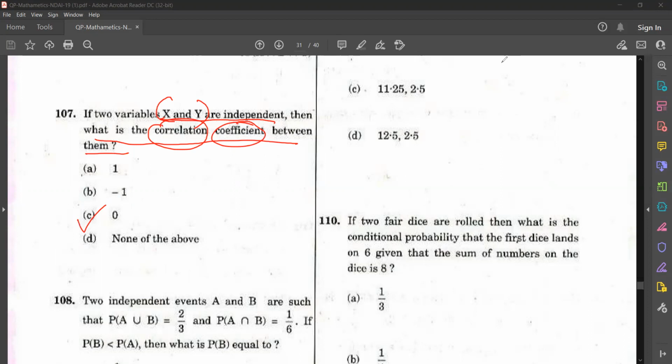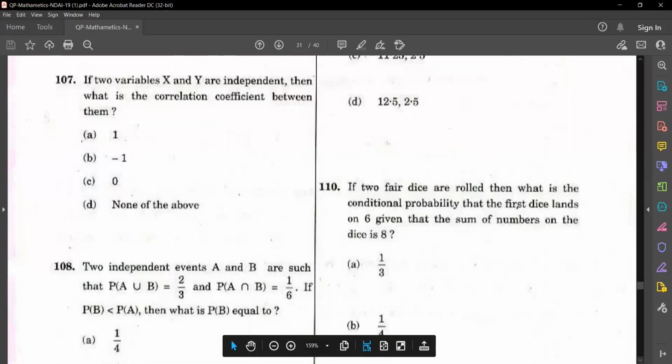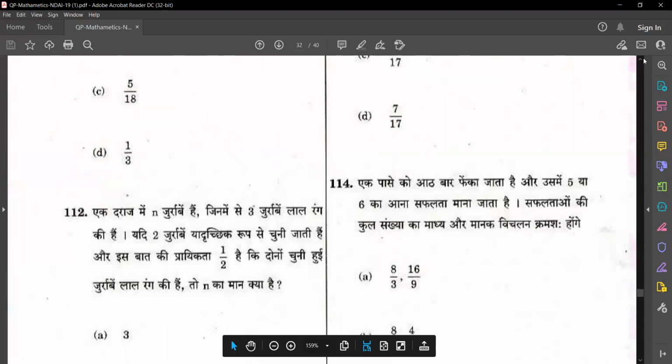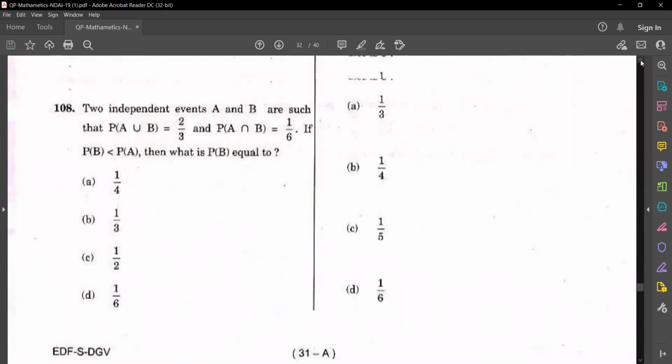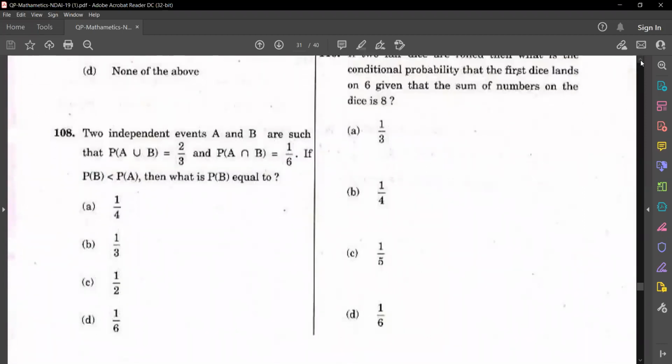Let's go to the next question. Question number 108.